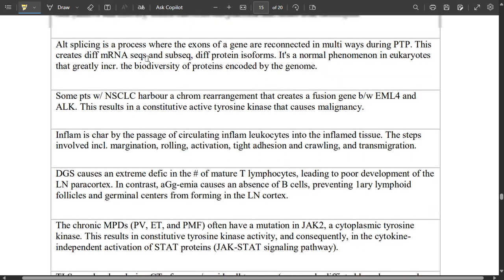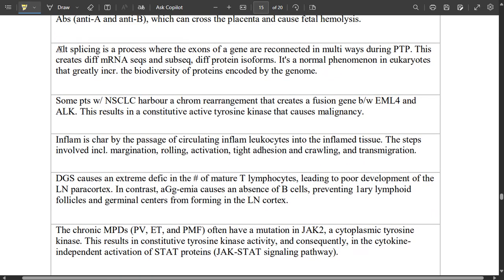Okay, alternate splicing is a process where the exons of a gene are reconnected in multiple ways during PTP.